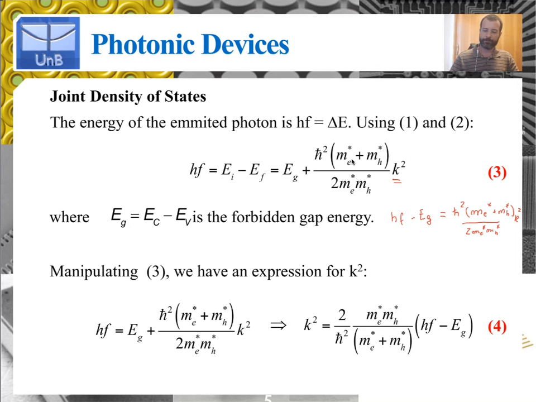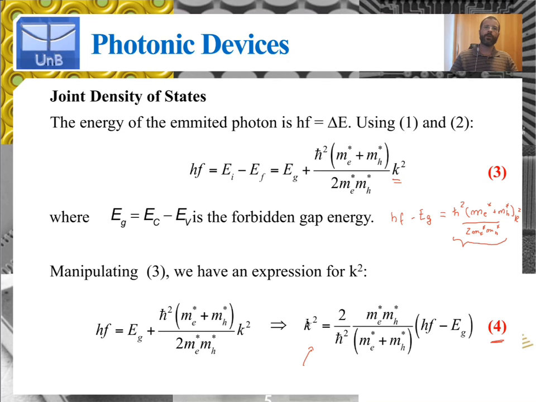Then we pass this term to the other side, dividing, and k squared is equal to 2 divided by h bar squared multiplied by me star times mh star divided by me star plus mh star multiplied by hf minus Eg. So this is expression number 4, and this gives us k squared.